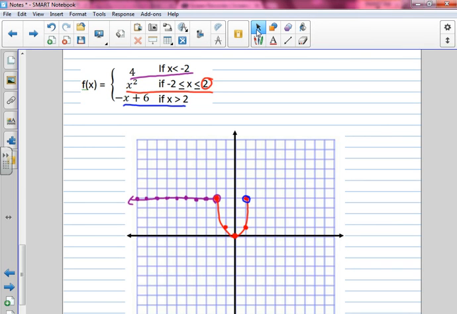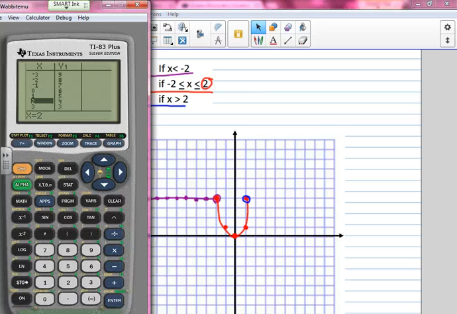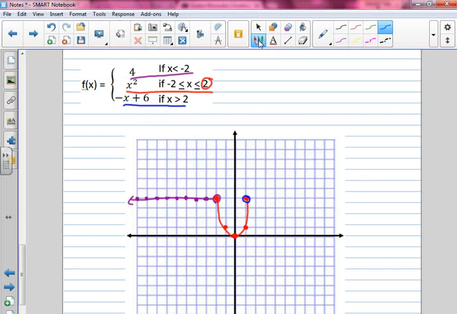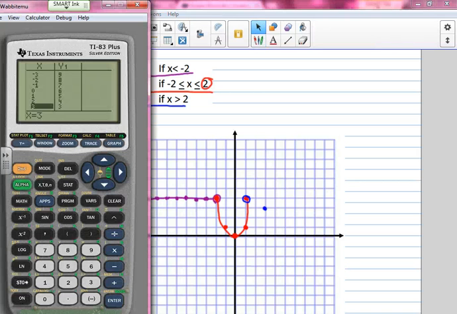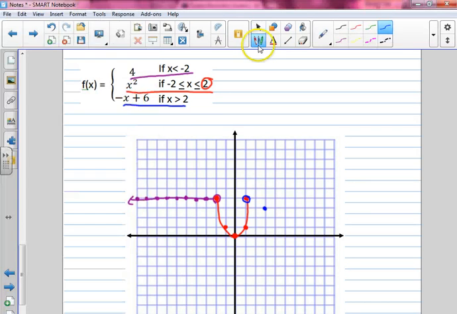Now it says all the numbers bigger than 2, so I'm going to graph all the numbers bigger than 2 on my graph. So that gives me 3, 3. And then 4, 2.